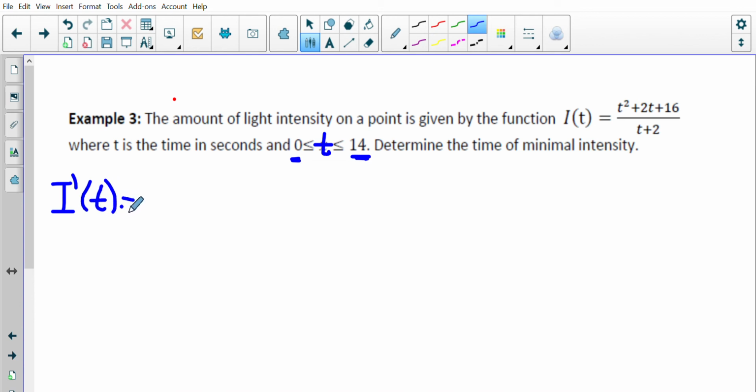Now what we have here is a quotient rule. We have a function divided by a function. So I have to take the derivative of the top function, following the quotient rule, which is going to be 2t plus 2, times the bottom function, which is t plus 2.